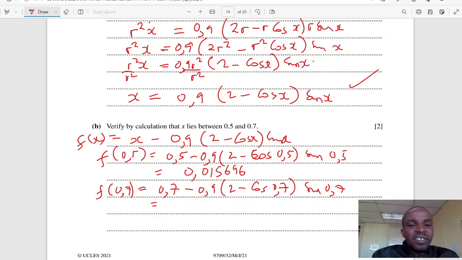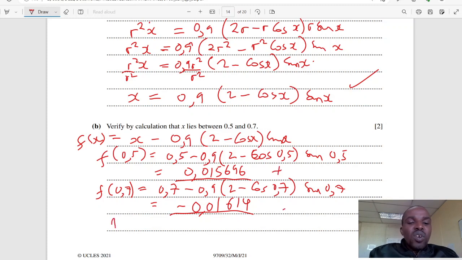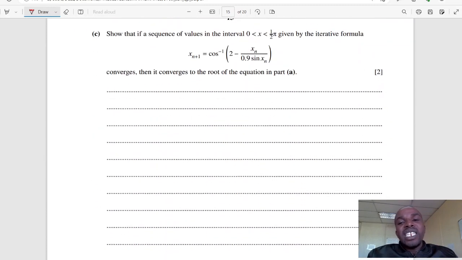You get negative 0.01614. These numbers actually are not a problem. What you just want are the signs. The sign is plus here and the sign is minus. Therefore, there is a root. Why? There is a root because there is a sign change. That's what you have to write. There is a root since there is a sign change.